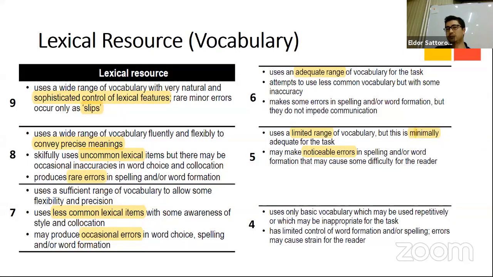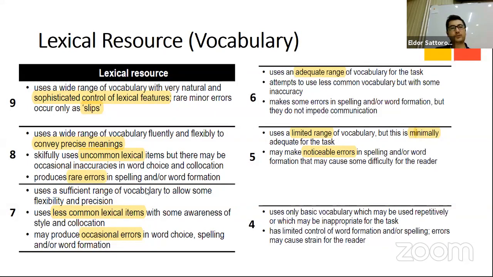I have very limited vocabulary for this topic. Or noticeable errors in spelling. Spelling is important. We will come back to this in a second. Word formation is another very important part as well. Sometimes students use an adjective instead of an adverb or a noun instead of a verb and so on. This is basic grammar, but it is part of vocabulary as well.